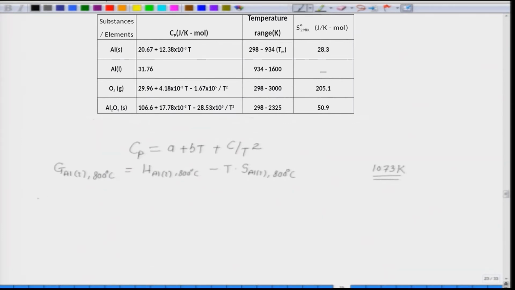So, we write the formula for enthalpy of aluminum liquid at 1073 Kelvin.